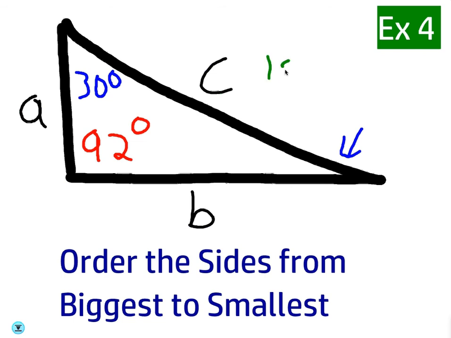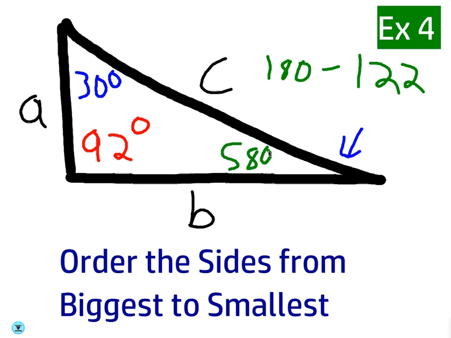So that's going to be 180 minus, we can do the math, right? 92 plus 30 is 122. That will give us that one. That's going to be 58. So you don't need all three angles to figure the third one out, right? You just need two, because we know they add up to 180.